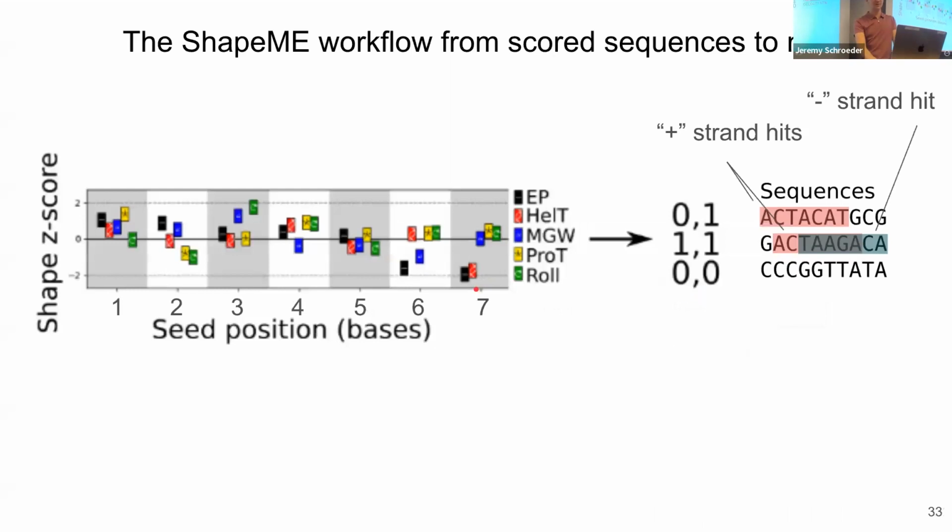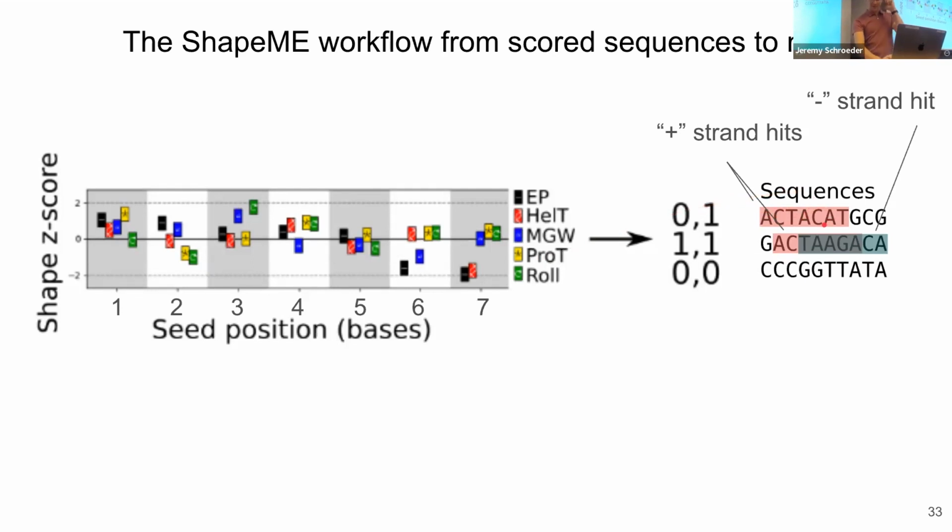So once we have all those shape seeds, we can take every seed in the input data and run it down and compare it to every sequence in your input data, which is a fairly computationally intensive process, but it works very well. So for every sequence, we can say, okay, does the Manhattan distance between the seed and the reference sequence fall below some threshold to call it a match?